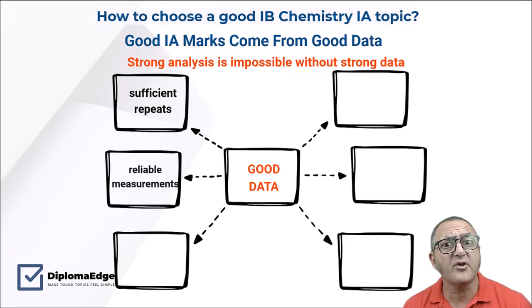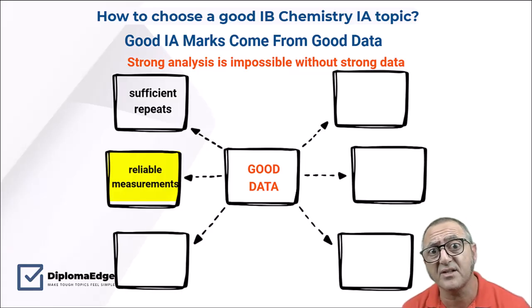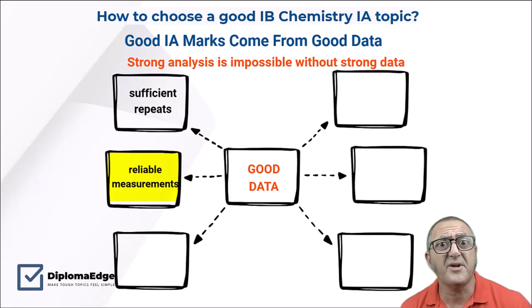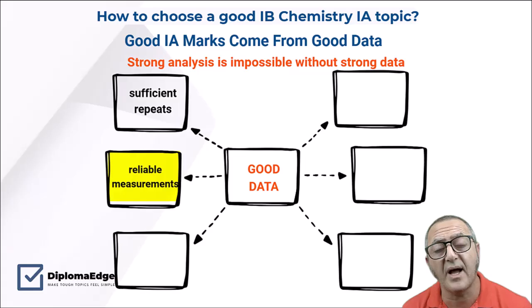The measurements that you are getting have to be reliable. Do them with something that has a good precision. For example, if you're measuring the temperature and you're using a traditional thermometer and the uncertainty is plus minus 0.5 degrees Celsius, if the differences between the different intervals of the independent variable are 1 degree, the uncertainty is just too high.